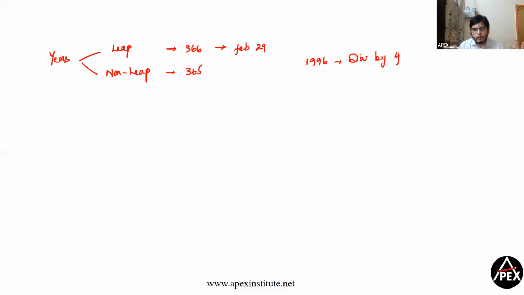So I have a question for you guys. Say we have 1892, 1896, 1900, 1902, and 1904. Among these 5 years, how many leap years do we have?